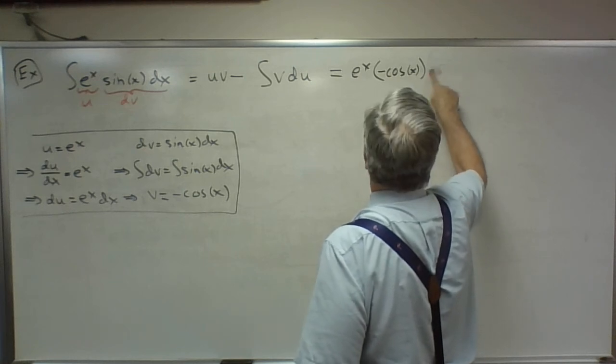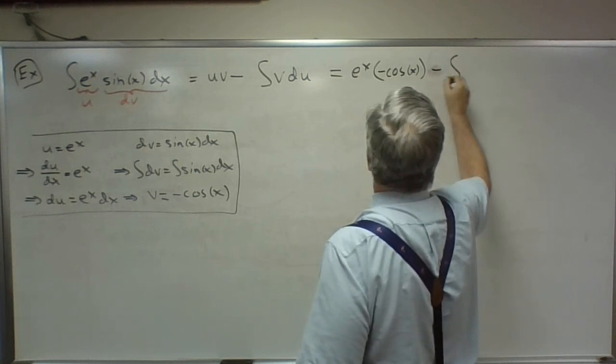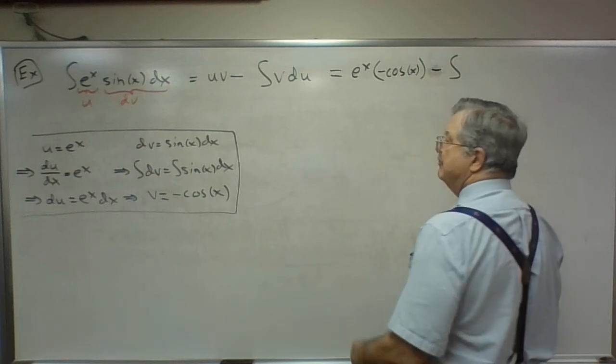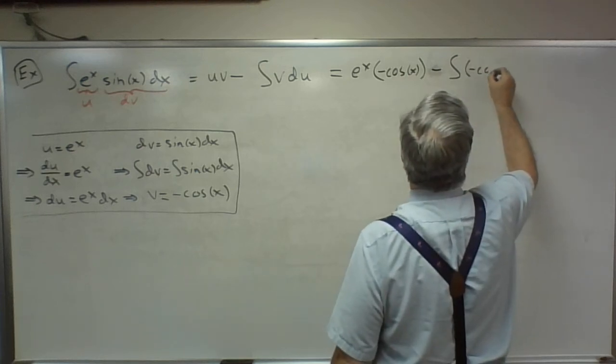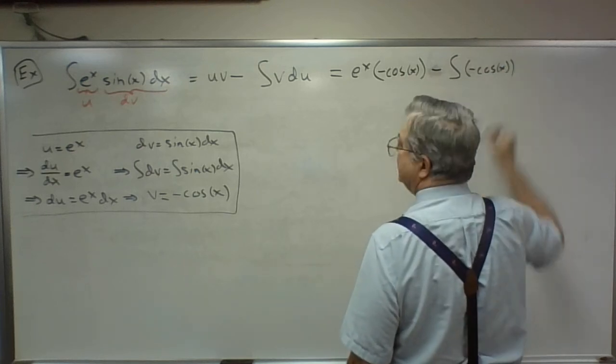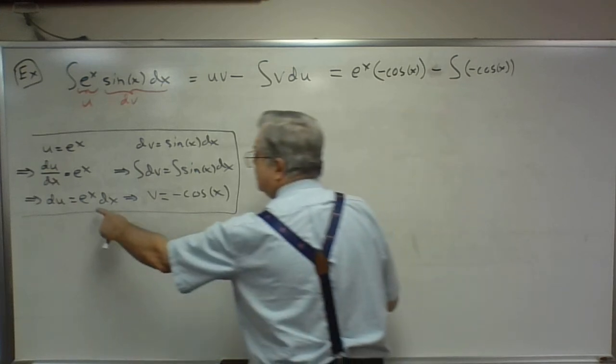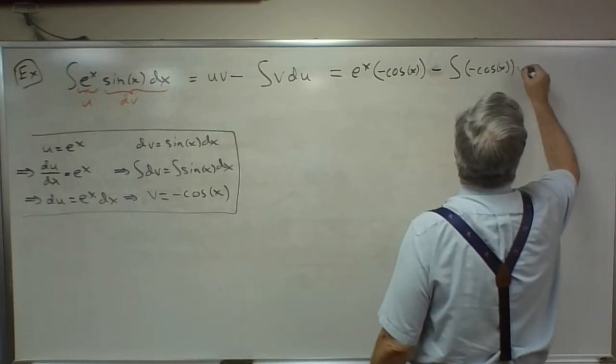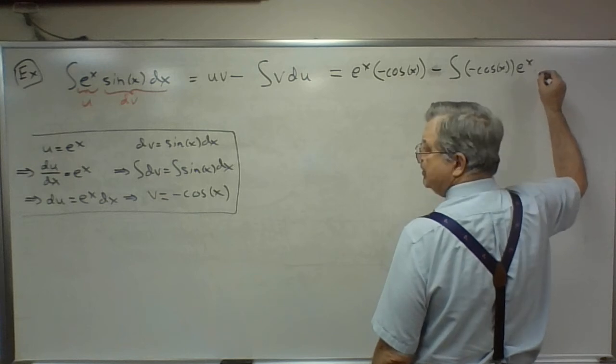Minus the integral of v, negative cosine of x, du, which is e to the x dx.